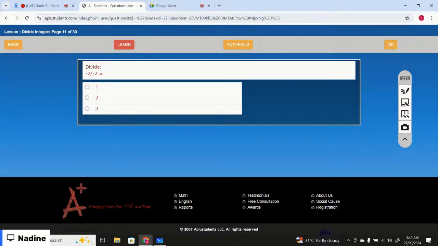Negative 2 divided by negative 2, which is the correct option? The correct option is 1. Option number 1 is the correct option, right?